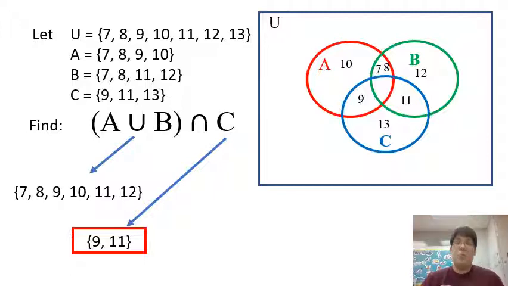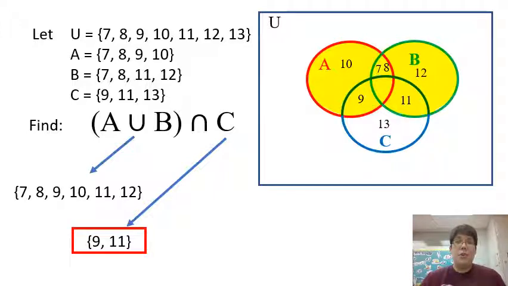Okay, now I'm going to use a little shading. So let's take a look at our problem again. Now that I have all the numbers in their corresponding places, we can actually shade what A union B would look like. So if we shaded that, we would get those two circles, so the shaded yellow.